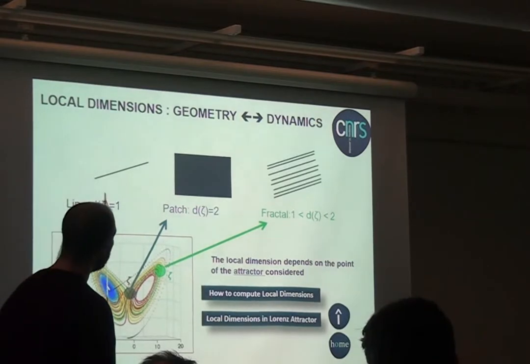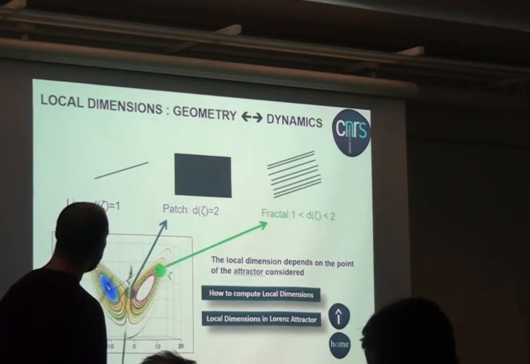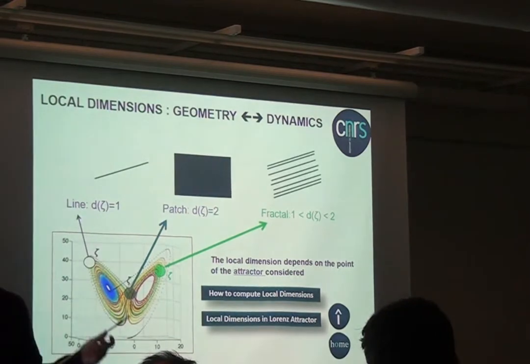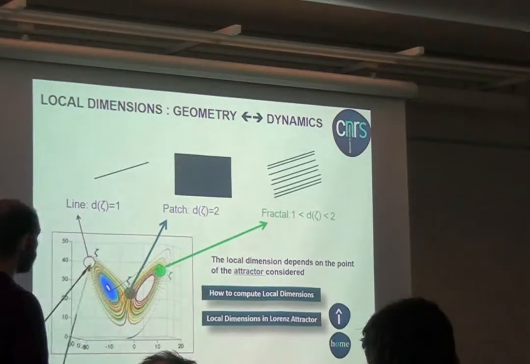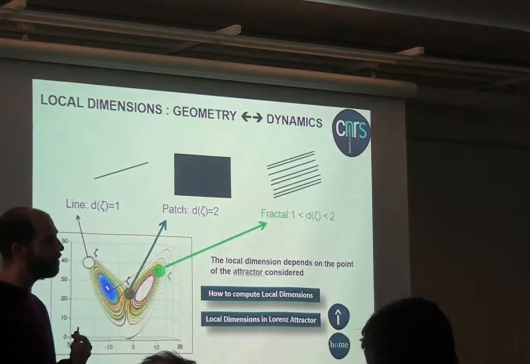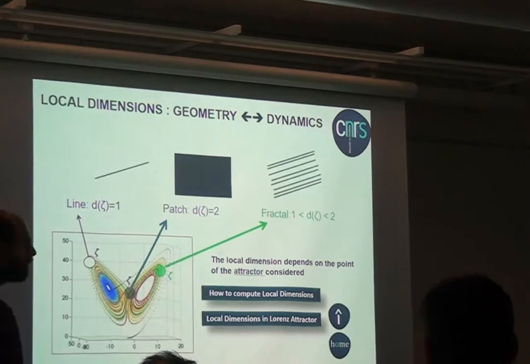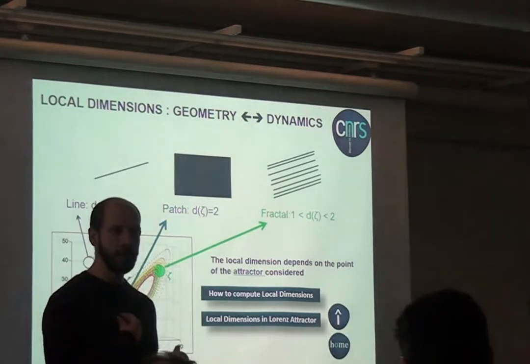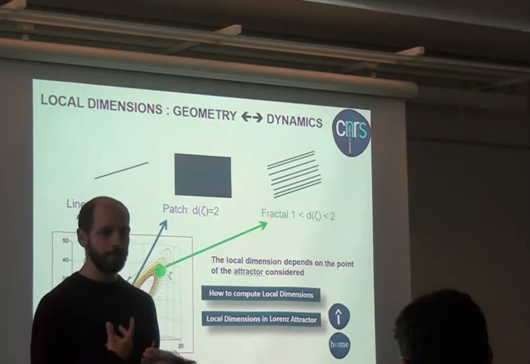So, basically, what we can do to understand how the dynamics is predictable in the neighborhood of a certain point zeta is to introduce the first concept, that is the concept of local dimension, that I want to introduce on the Lorenz attractor, but I will introduce taking as a dynamical system myself.